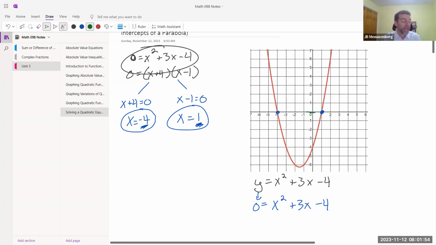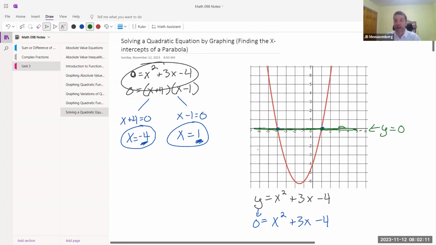And where is the y value equal to 0 on a graph? Right here. And anywhere on this line, any point that falls on this line is going to have a y value of 0. And so this is pretty interesting. If we graph a parabola and we can see where it crosses the x-axis, we call those the x-intercepts, right?